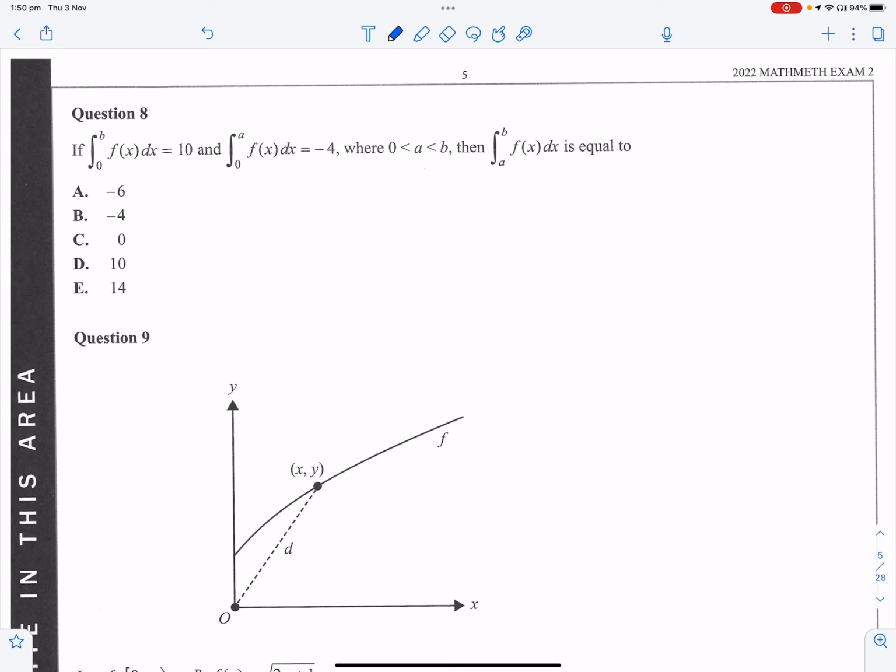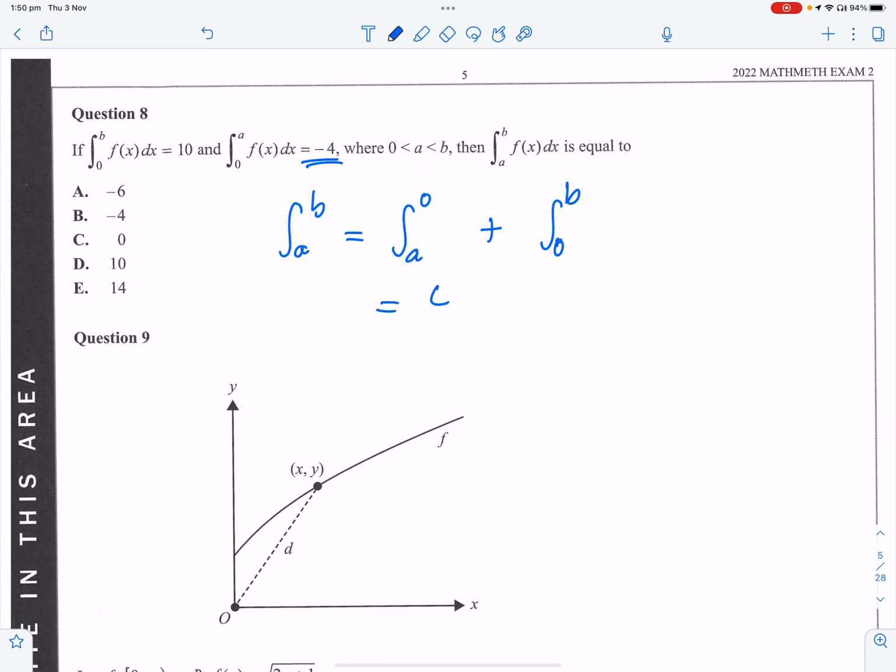Okay, this one here, A is between 0 and B. So if I want A to B, that's the same as A to 0 plus 0 to B. We know A to 0 is the same as the negative of that.